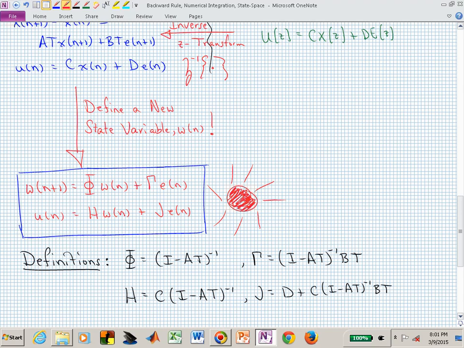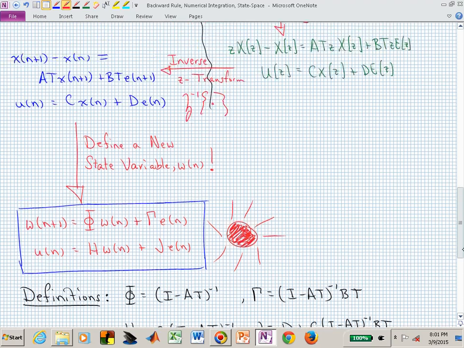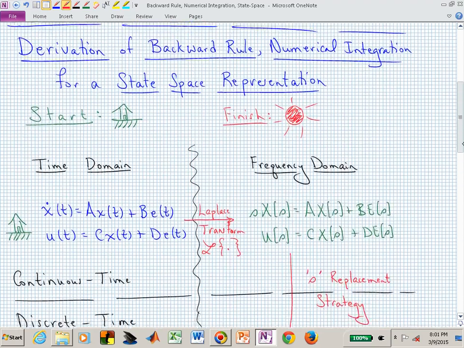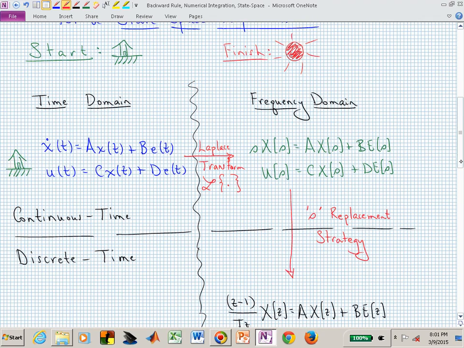One way of thinking about this is to try to keep track of what you actually were doing, and we sort of are moving back and forth between time domain, frequency domain, and continuous time and discrete. So here's a way of thinking about that derivation that we did on Wednesday. We start continuous time, time domain.